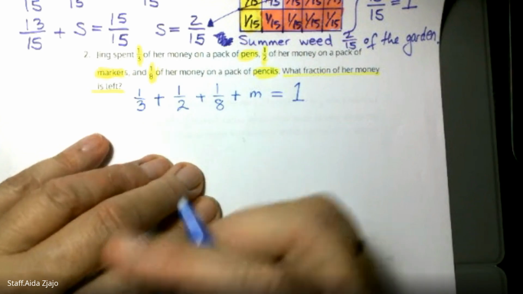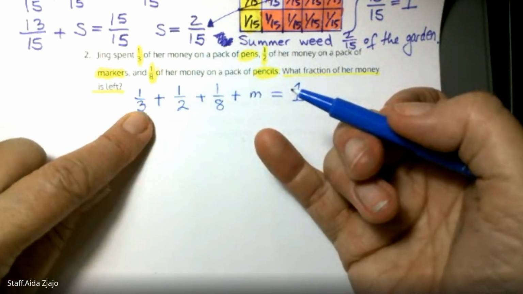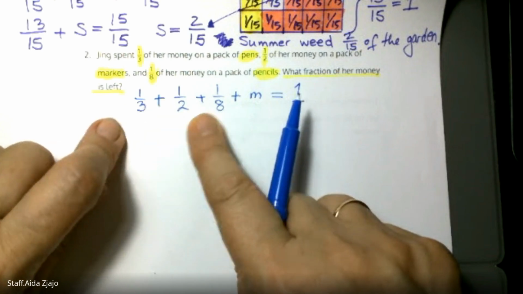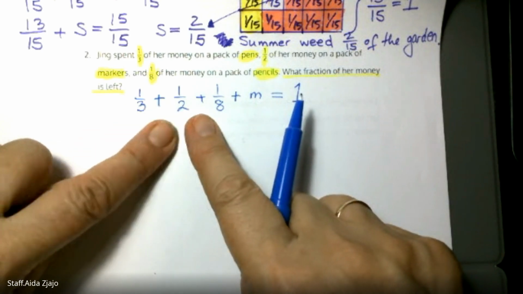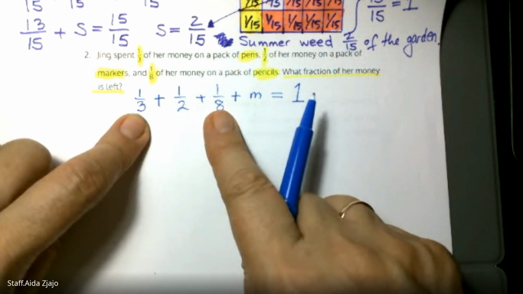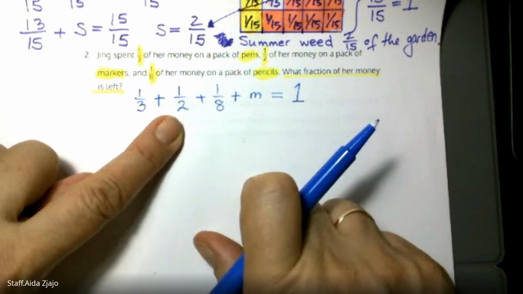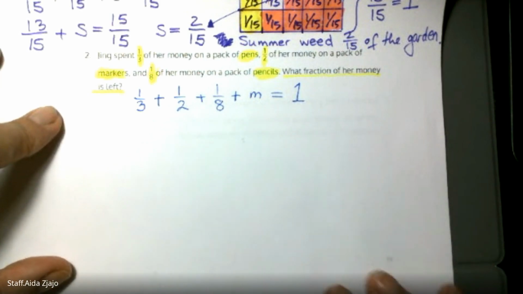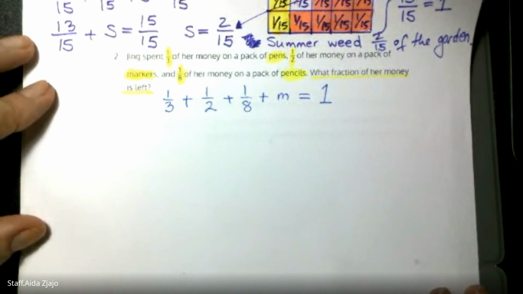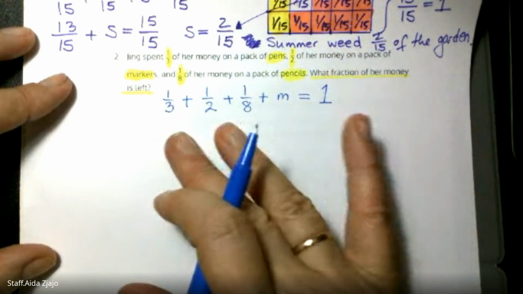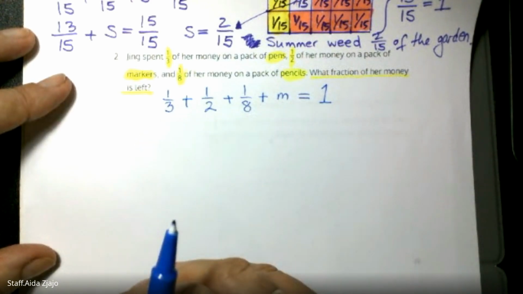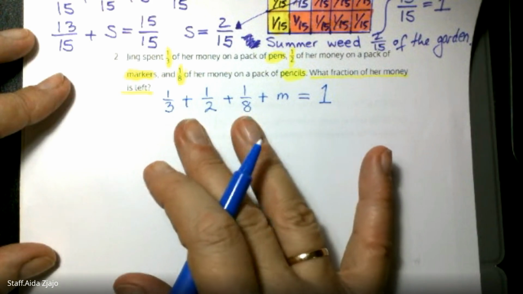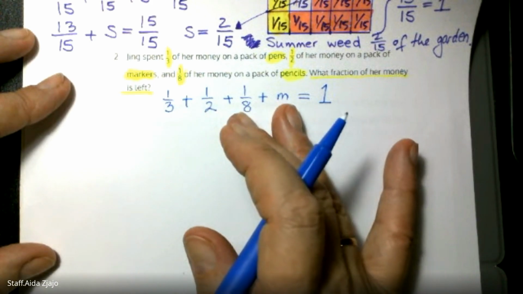So thirds are not the same size as the halves, nor are they the same as eighths. So we need to find the least common multiple for all three numbers, 3, 2, and 8. We definitely can skip count by each of them till we find the least common multiple. So we will know we have to change them into same pieces in order to add fraction parts of the money so we know how much is left of the whole money.